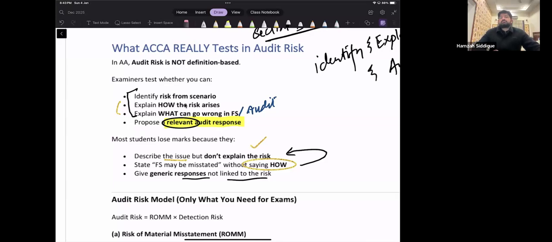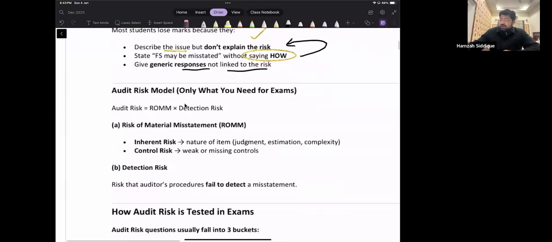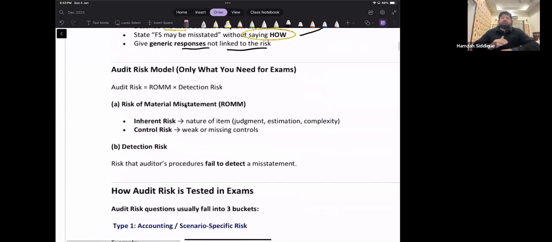Now, the next point is the audit risk model. It will not be repeated in the exam. A quick explanation: audit risk arises from two areas.